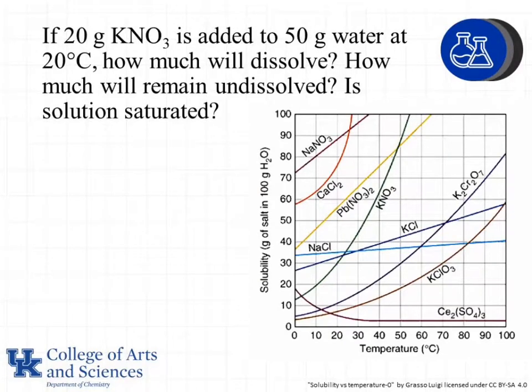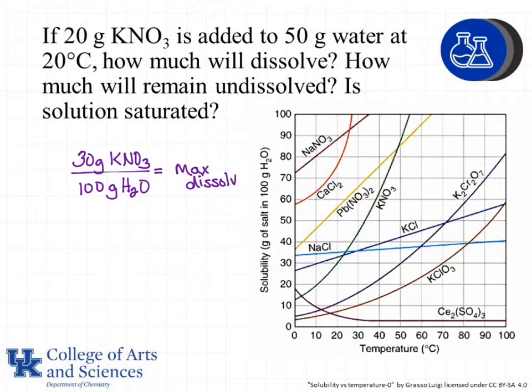If 20 grams of KNO3 is added to 50 grams of water at 20 degrees Celsius, how much will dissolve, how much will remain undissolved, and is the solution saturated? Based on the previous problem, we already know that 30 grams of KNO3 will dissolve in 100 grams of water, and this represents the maximum amount that will dissolve.